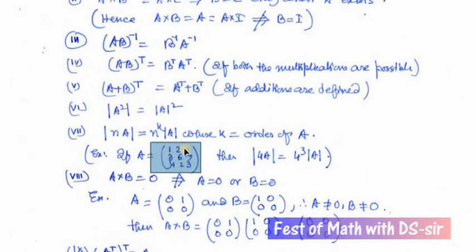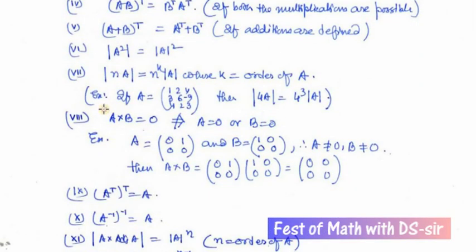So the first row will be 4, 8 and 16. So in determinant 4A, you can take 4 common from the first row. Likewise, you can take 4 common from the second row and third row. So 4 to the power 3 will be multiplied by determinant A. Likewise, if it is of 4th order, then 4 to the power 4 will be there. If it is 5th order, 4 to the power 5 will be there. That's why N to the power k, where k is the order.